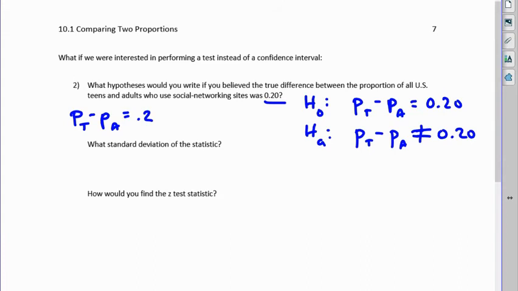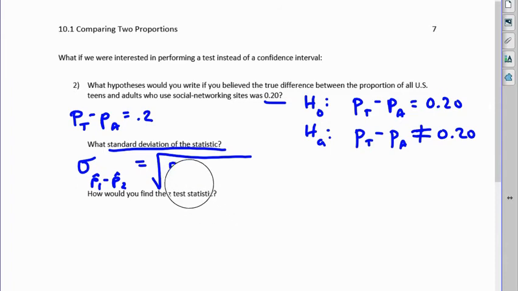And so we would want to find the standard deviation of the statistic. Now, when we're finding this right here, the standard deviation of the statistic, we would want to use our population values. So we would like, whoops, that's supposed to be a 1. Erase that.